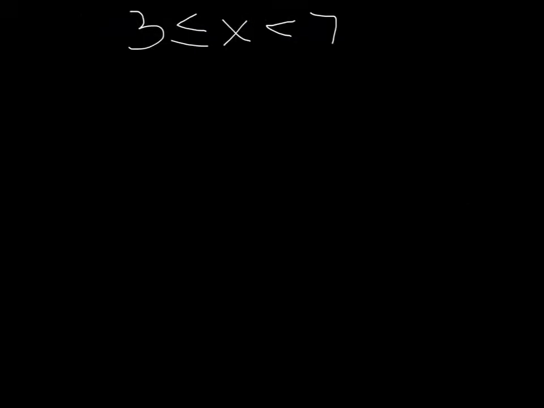So let's look at this example. It says 3 is less than or equal to x, and x is less than 7. So you actually want to take this apart and do it in two different inequalities. So if we take it apart, then we have x is greater than or equal to 3 and x is less than 7.